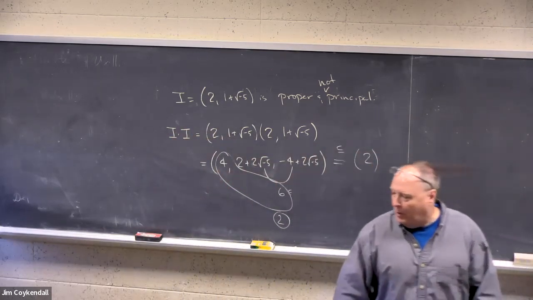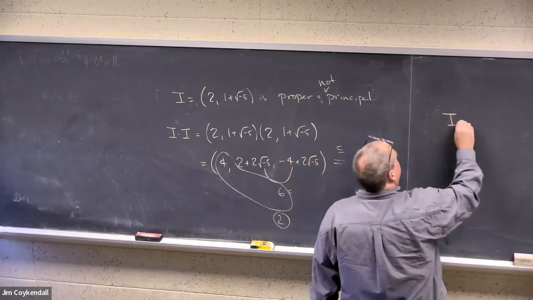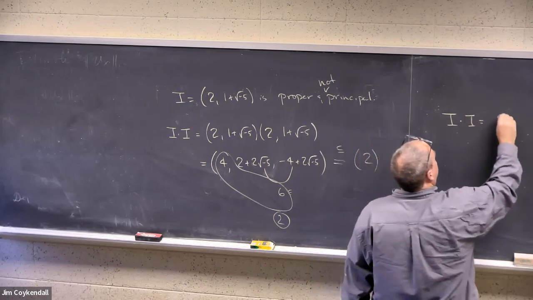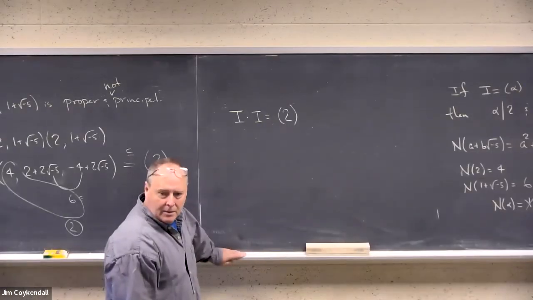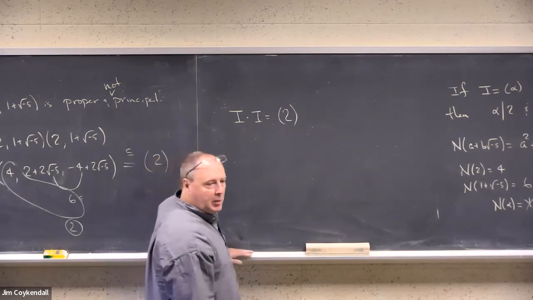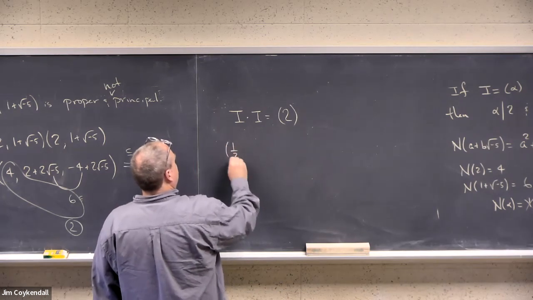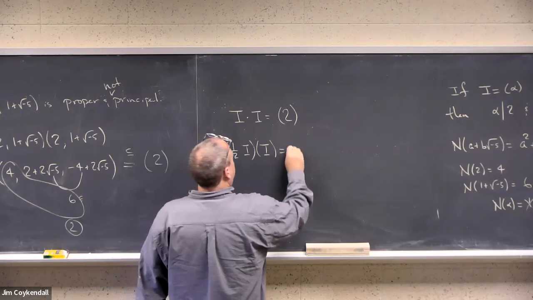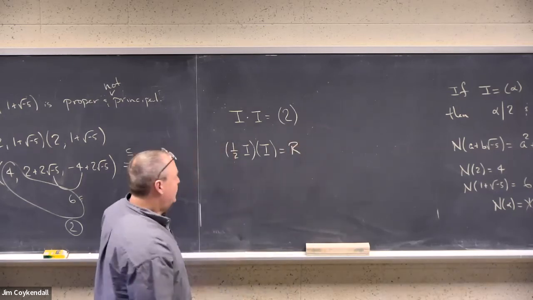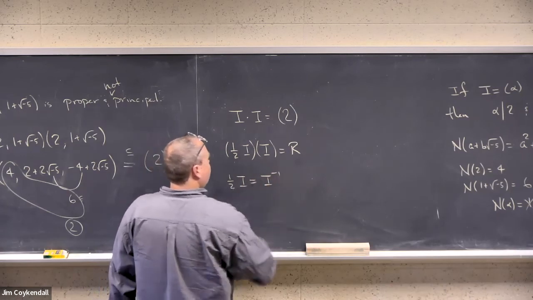So what do we have from this? Let me point out, so you can check this, see if you can check this. In fact, 1/2 I is I inverse in this case.